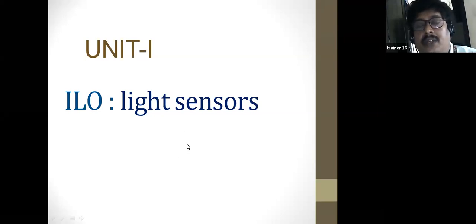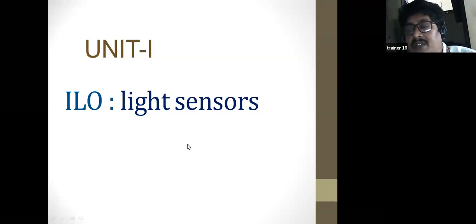So, light sensors. Today we will discuss the light sensor. A light sensor is a sensor that responds when radiations are incident on a particular material.